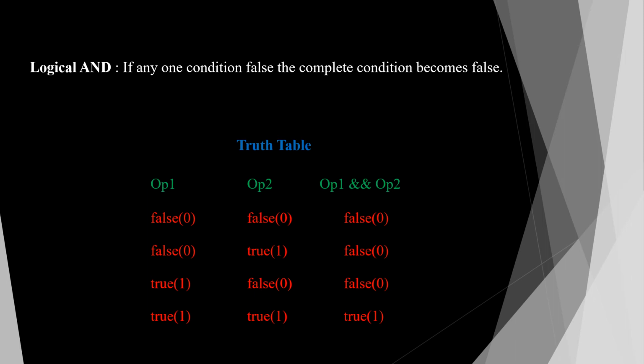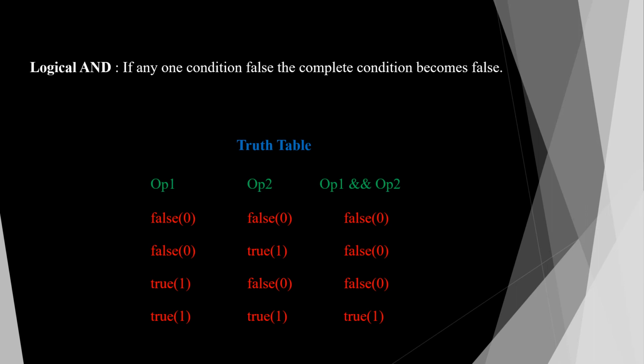This table represents that 0 into 0 is 0, 0 into 1 is also 0, 1 into 0 is also 0, and 1 into 1 is the only case that gives 1. So when both operands are true, the result will be true.